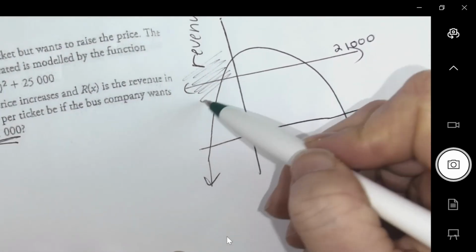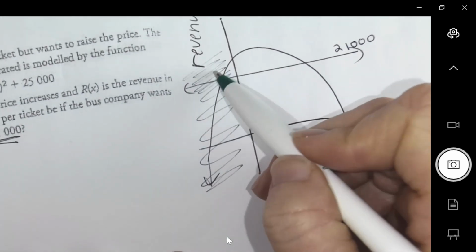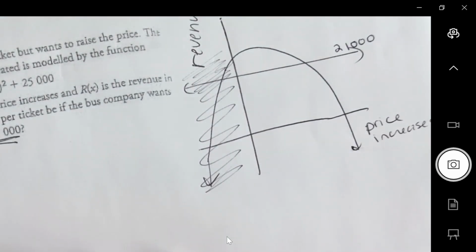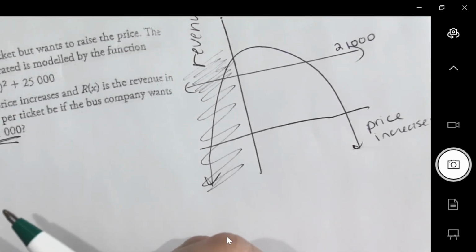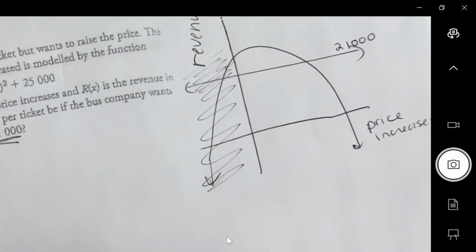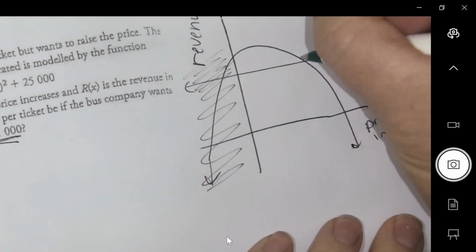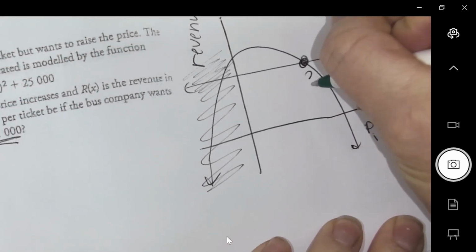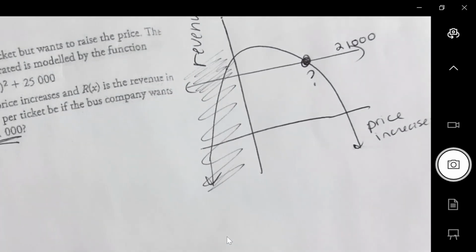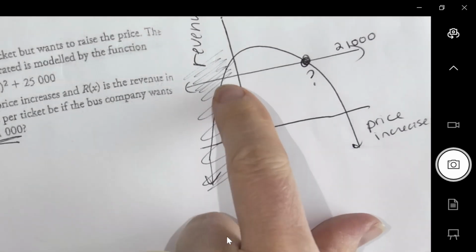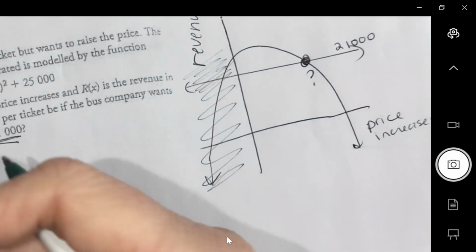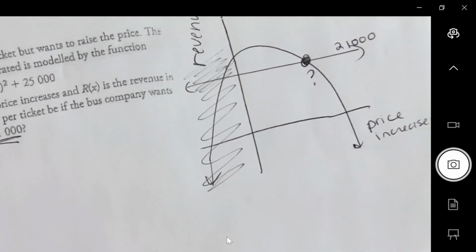Technically, this part of the graph shouldn't really exist because at that point we're now doing a price decrease, right? So I needed that intersection, okay? I don't care about that one. I want that intersection. Enter, enter, enter.